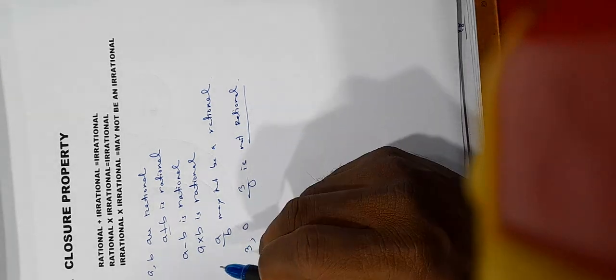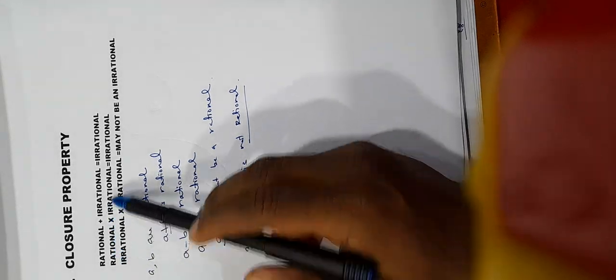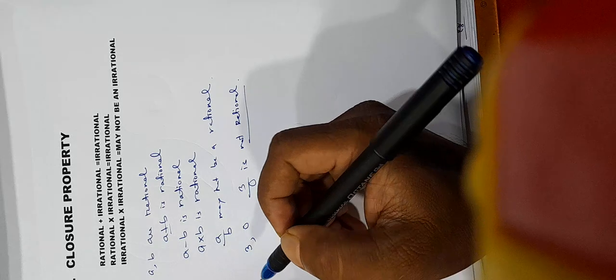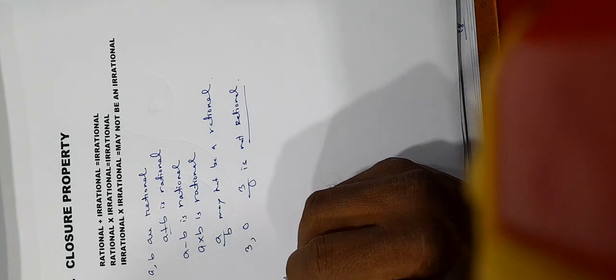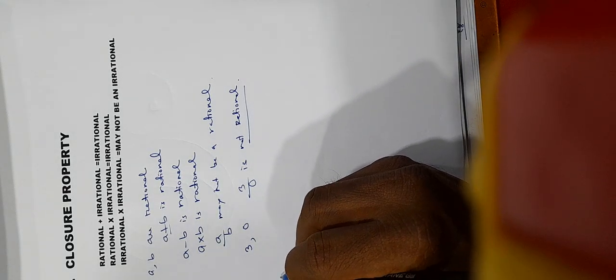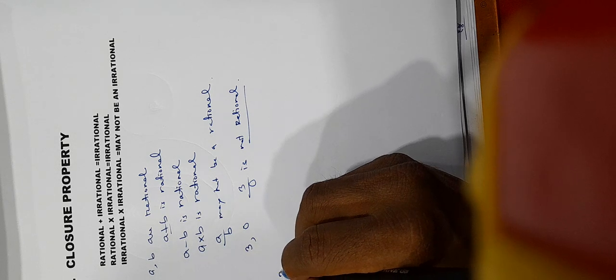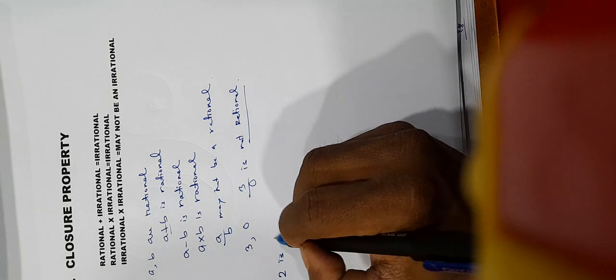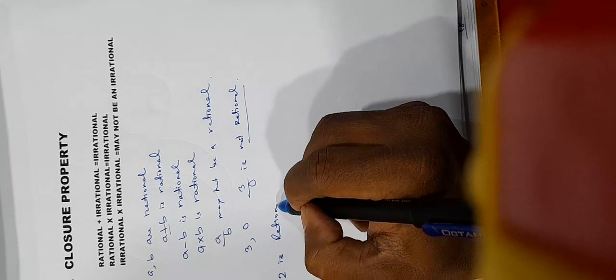Now think about another property. Rational plus irrational is irrational. Say for example, 2 is rational, right?